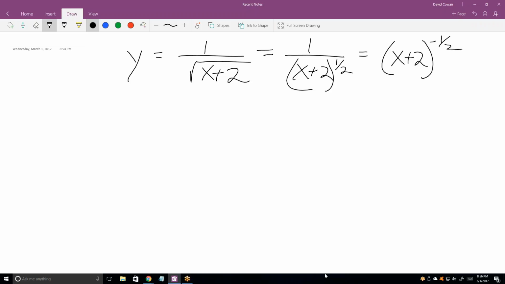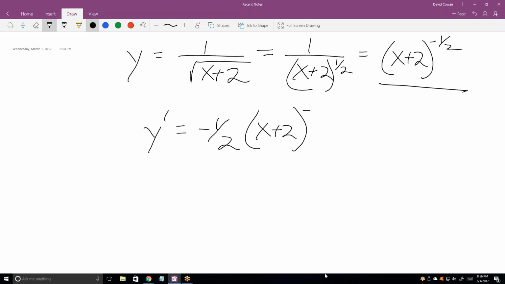So what's the derivative of the outside? Starting with that, negative 1/2 times x plus 2 to the negative 3/2. Times the derivative of the inside. What's the derivative of the inside? It's 1.